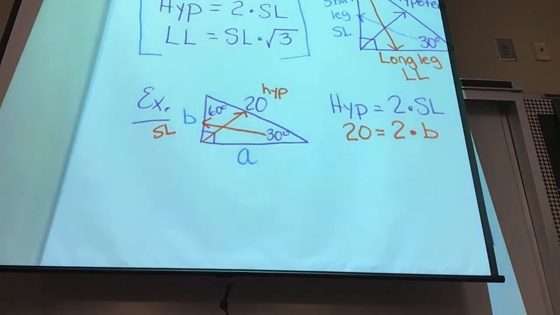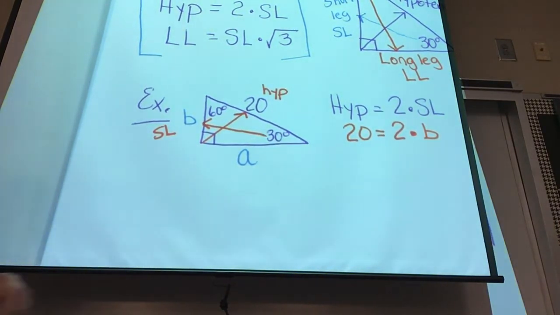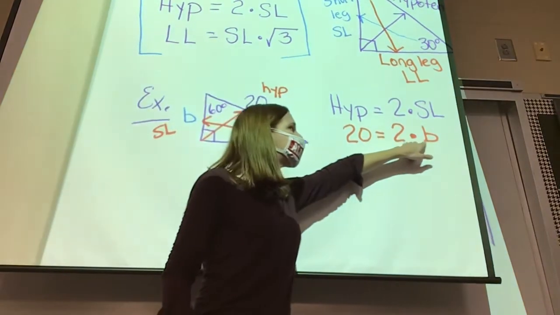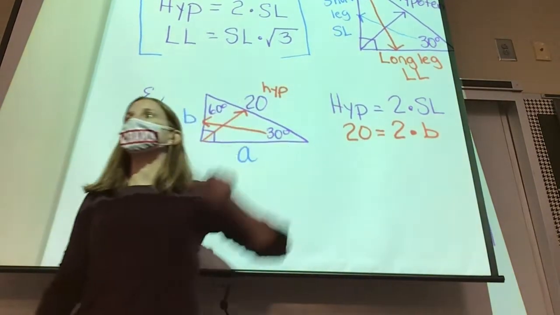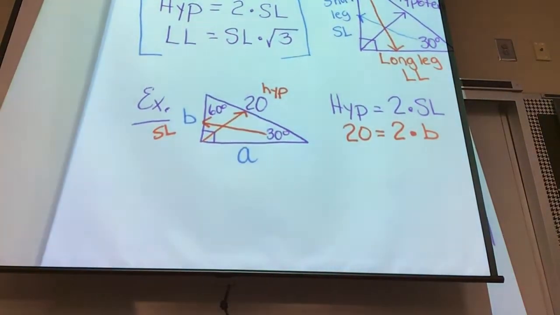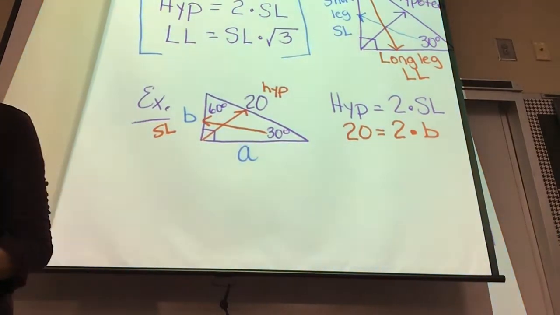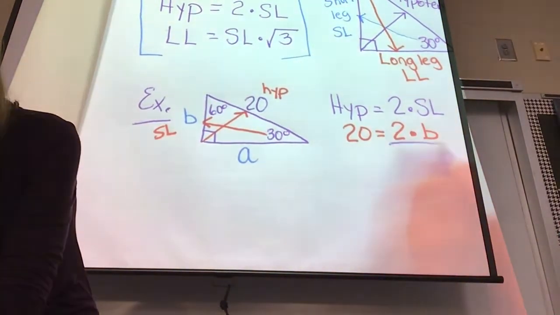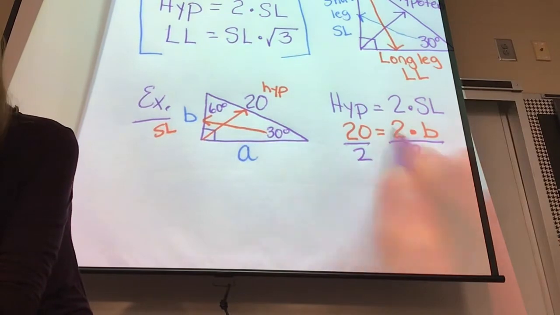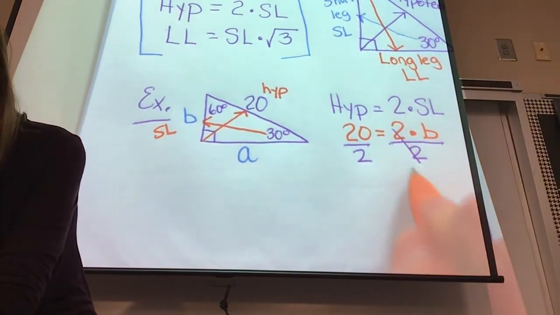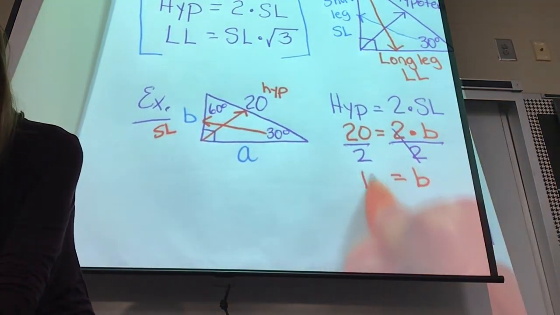So here's our problem. It's just like a regular equation. If I cannot multiply these two, how am I going to solve it? Divide by 2. I'm going to divide both sides by 2. So then B is going to be what? 10.